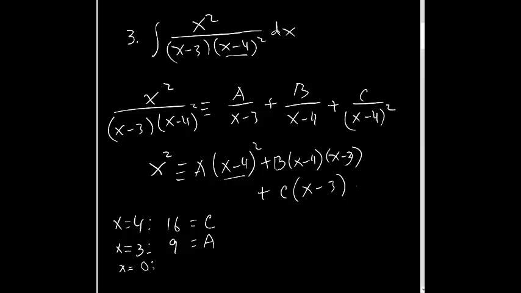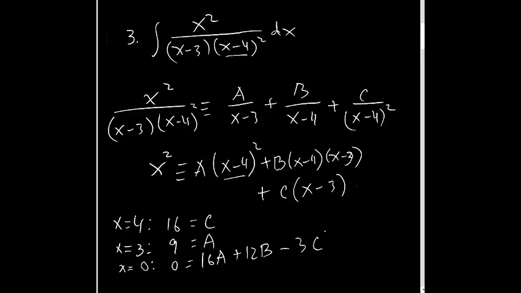When you say x equals 0, your left hand side is 0. And this side gives you 16a. That one is giving you 12b. You can figure this out easily, right? And then this one is minus 3c.